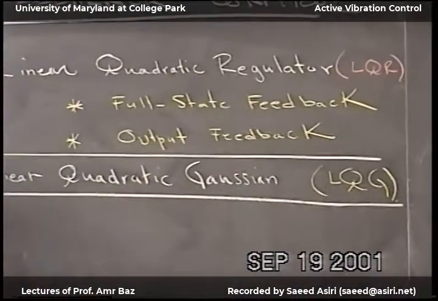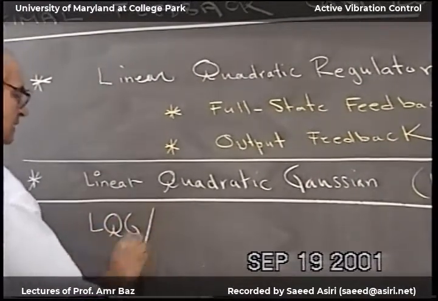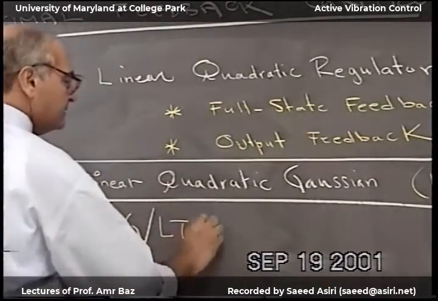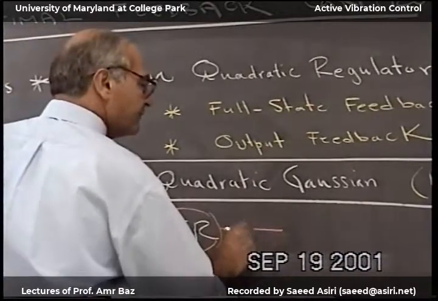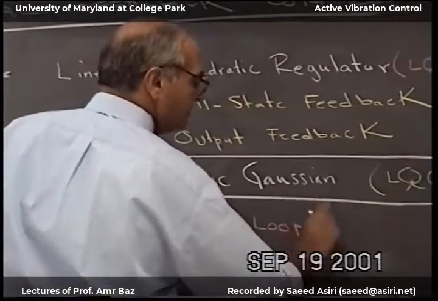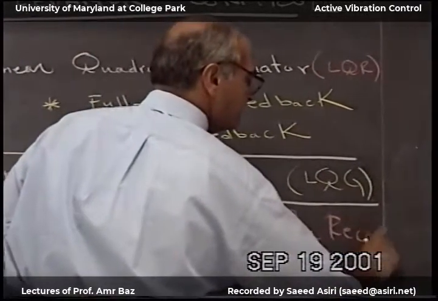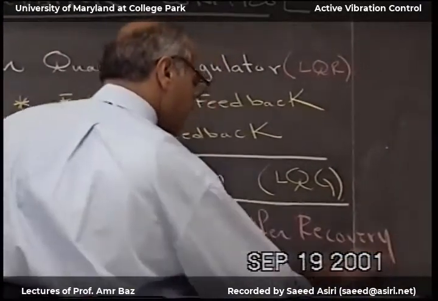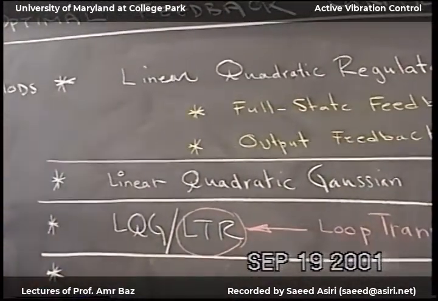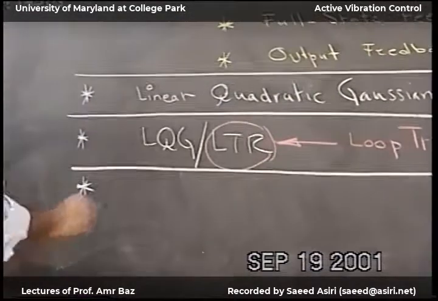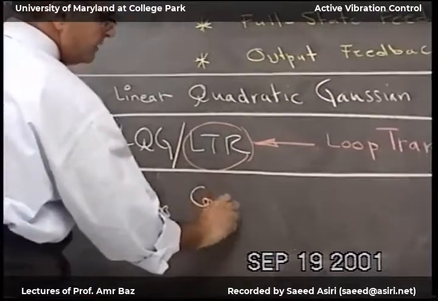And then I will do LQG slash LTR, and the LTR stands for loop transfer recovery. And then the last part that we will do here is the H infinity controller.